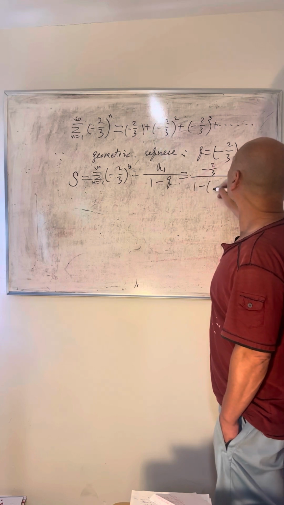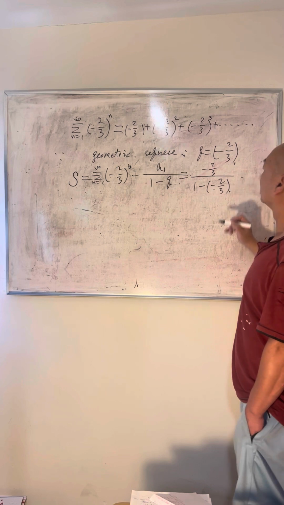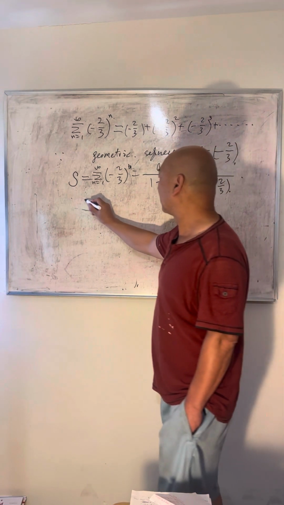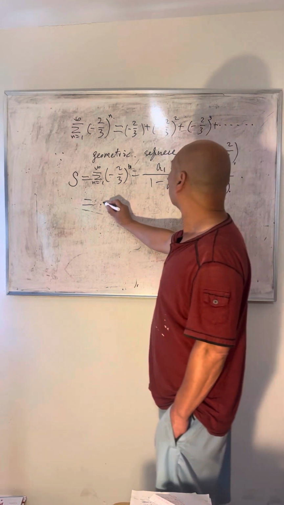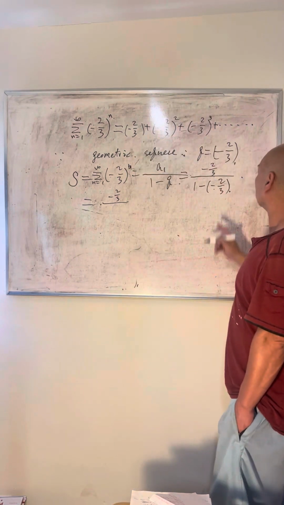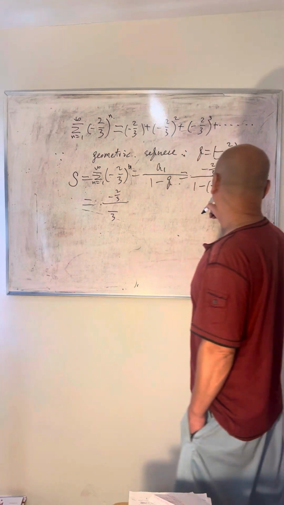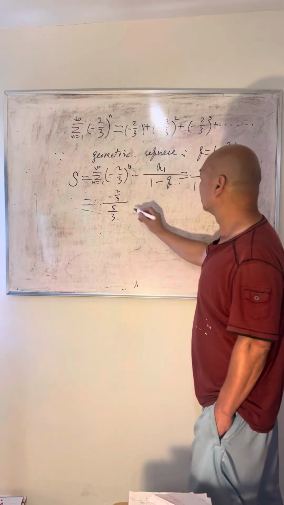Simplify: negative 2/3 over 1 plus 2/3, which is 5/3.